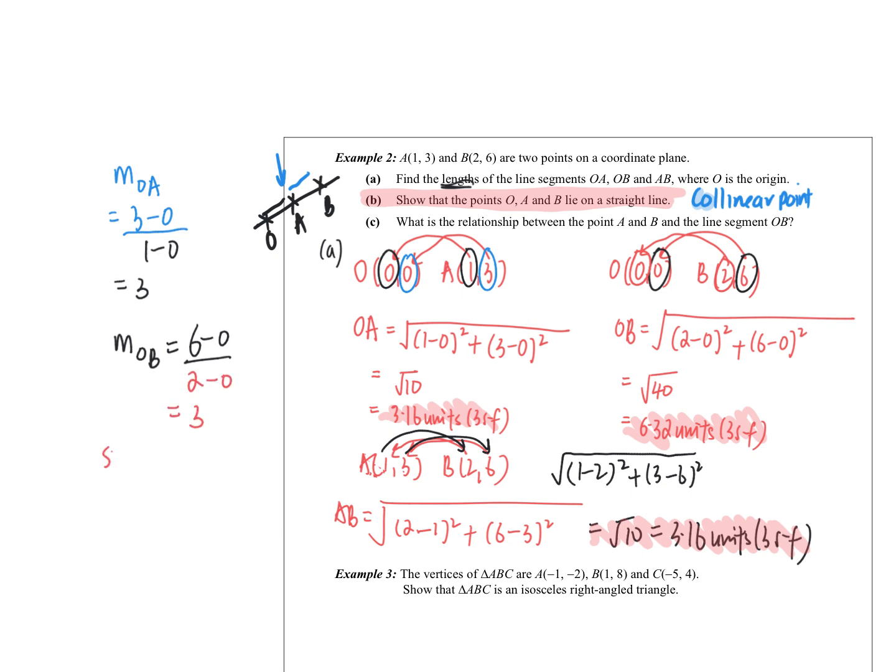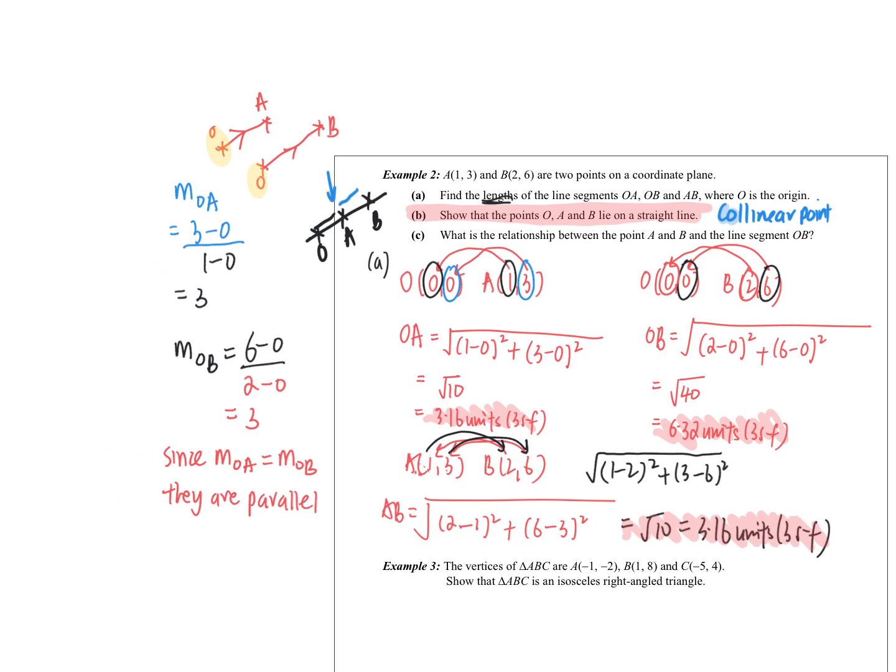So since the gradient of OA is equal to the gradient of OB, they are parallel. So meaning OA, let's say O is like that. Then OB, same gradient. It tells me that the steepness is the same. They are parallel to each other. But one other thing that you need to observe is they share a common point O, don't they? Right? So if their common point is the same, they must meet one another.